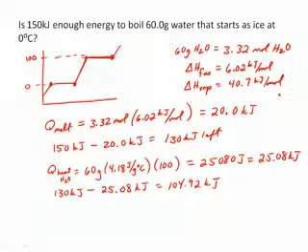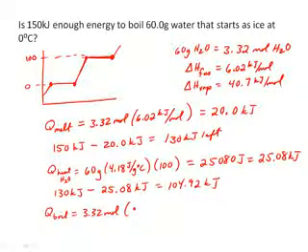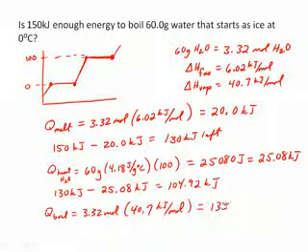So Q to boil is going to be 3.32 moles times 40.7 kilojoules per mole. That's going to equal 135.1 kilojoules.